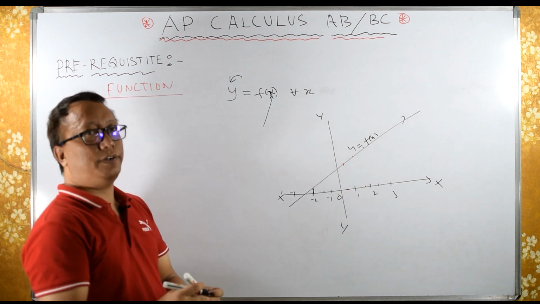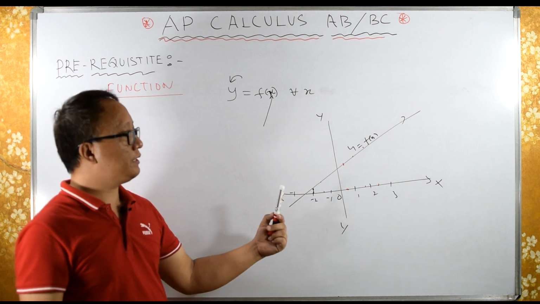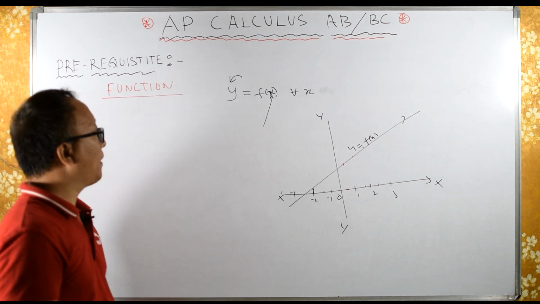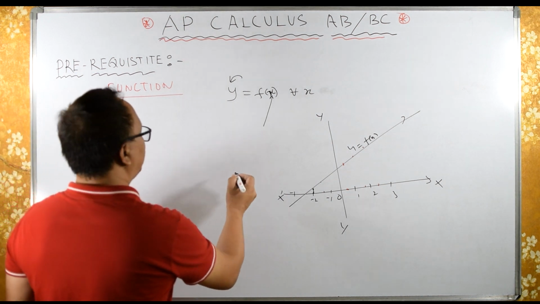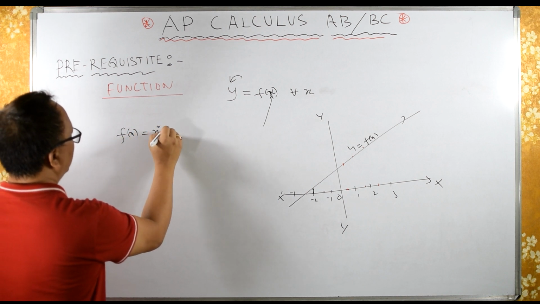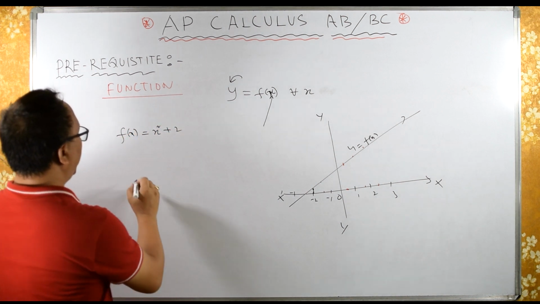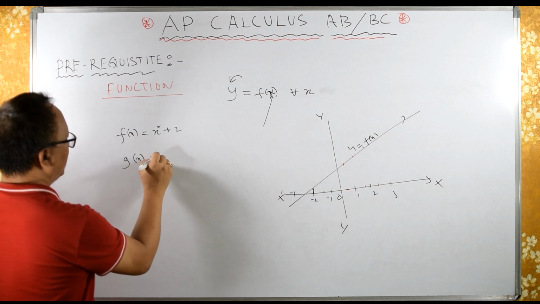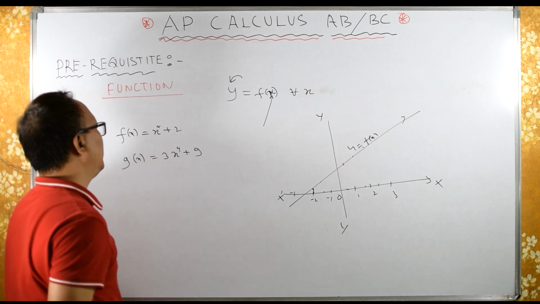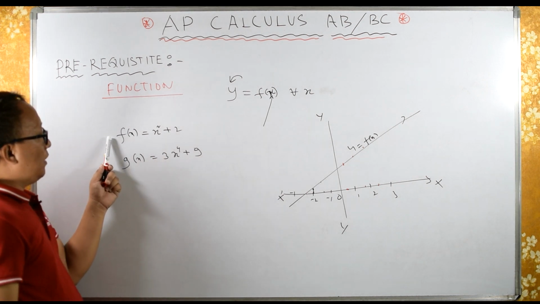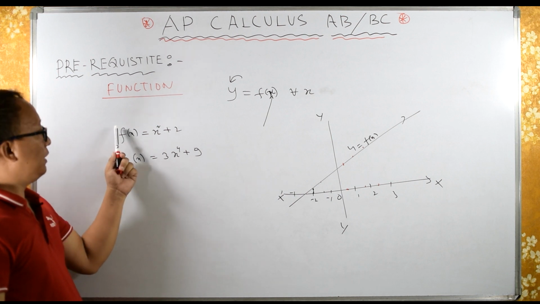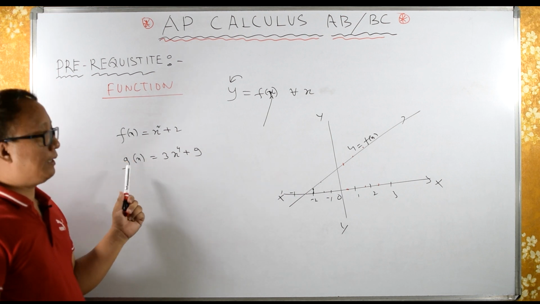We have different types of functions: one-one functions, injective functions, composition of functions. We'll discuss them later on. For the time being, if I have a function f of x equals x square plus 2, and another function g of x equals 3x square plus 9, how do we find the division or multiplication of functions?